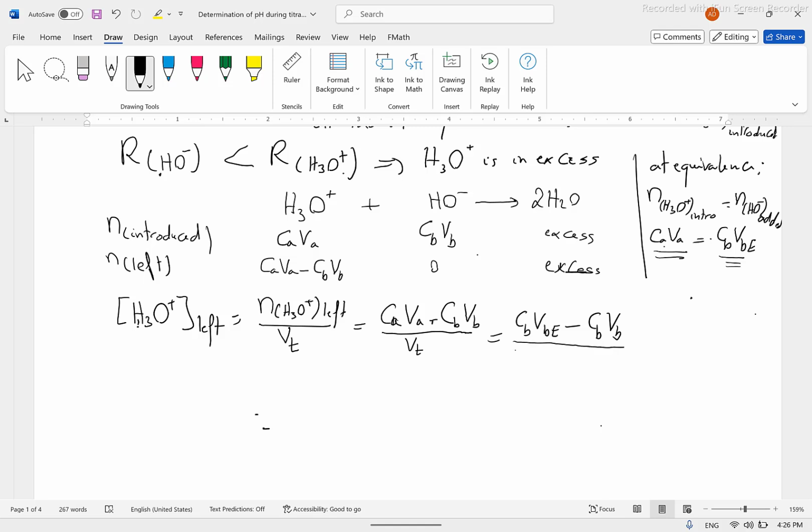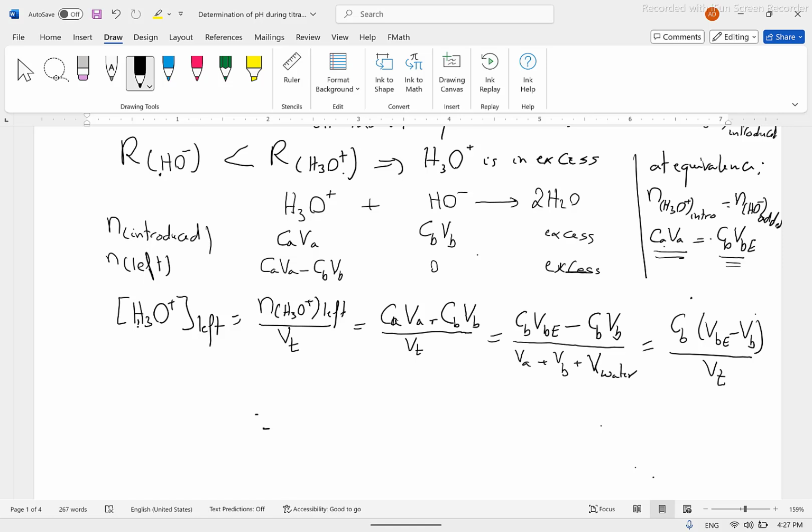V total is equal to the volume of acid plus the volume of base plus the volume of water added to immerse the electrode of the pH meter. Therefore, the final relation: Cb common factor, Vbe minus Vb over V total.